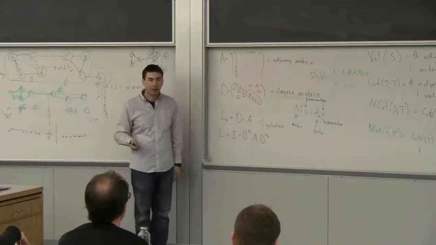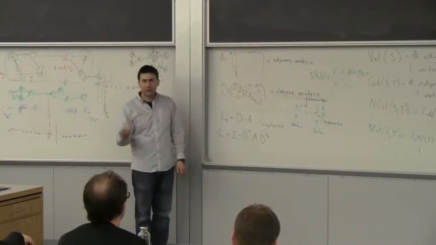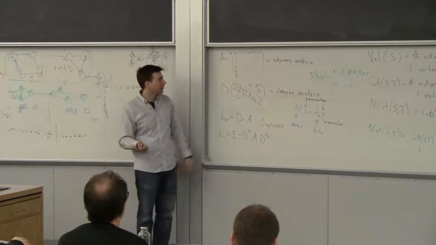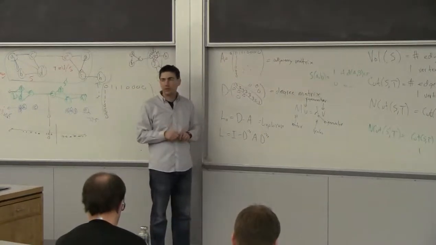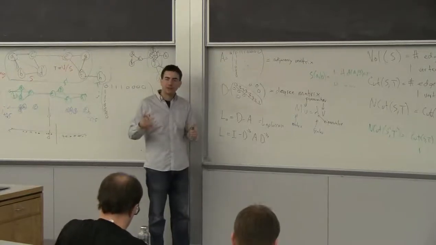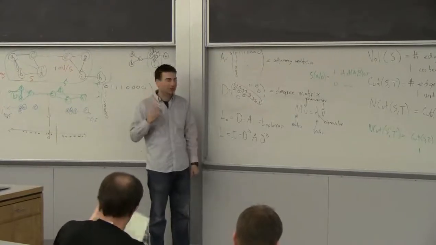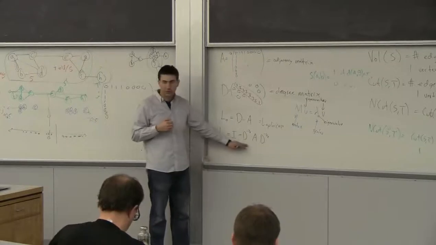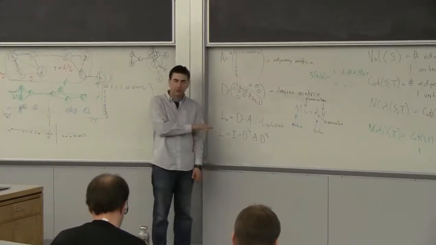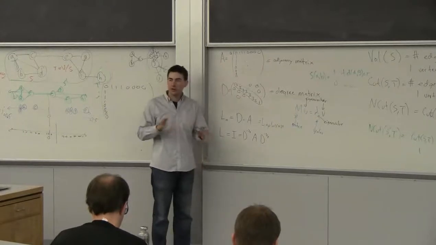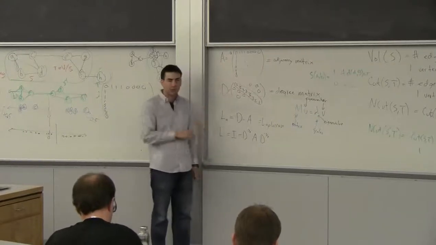There's a slightly different form of this called multidimensional scaling, which is basically doing the same thing. It doesn't necessarily go through the same Laplacian transformation, but if you've heard the term multidimensional scaling, it's doing something pretty similar.